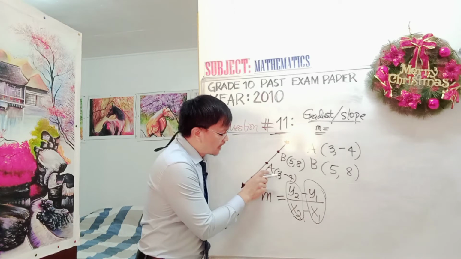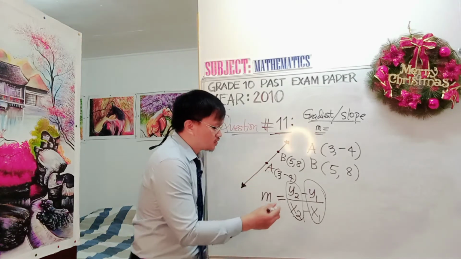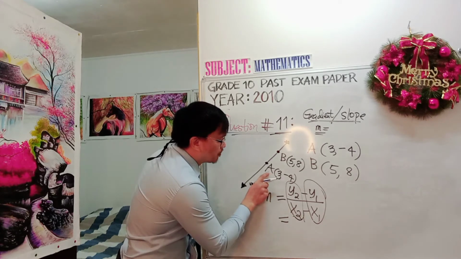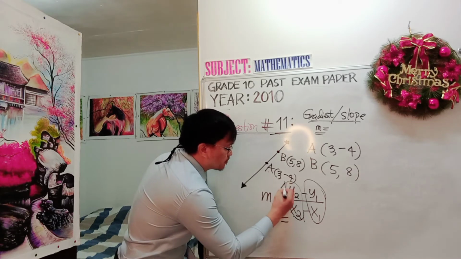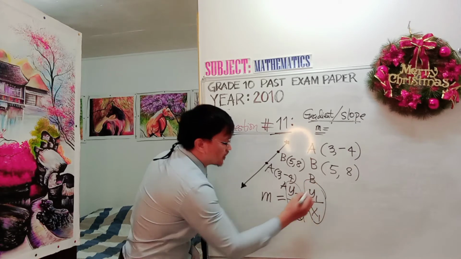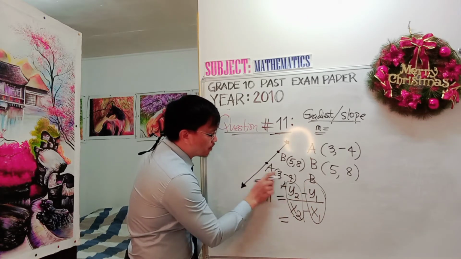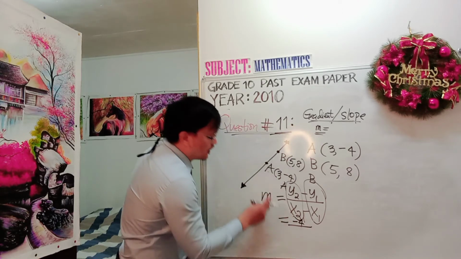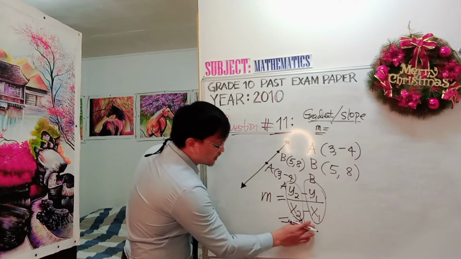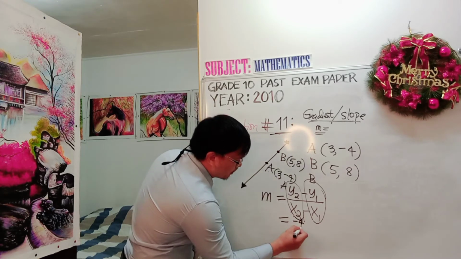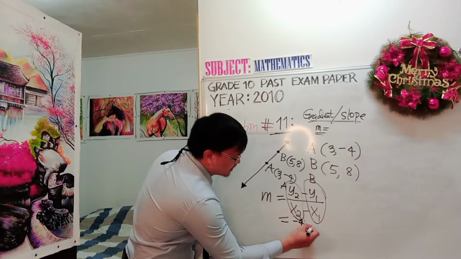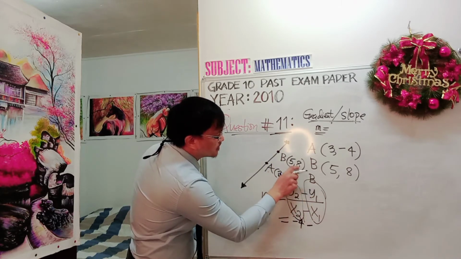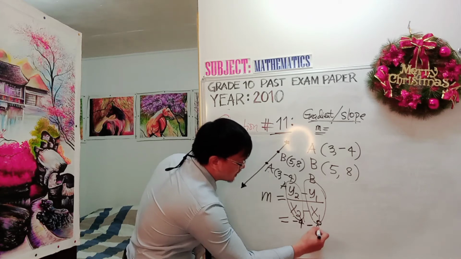Let's substitute the y coordinate of point A, which is negative 4, minus the y coordinate of point B, which is 8.